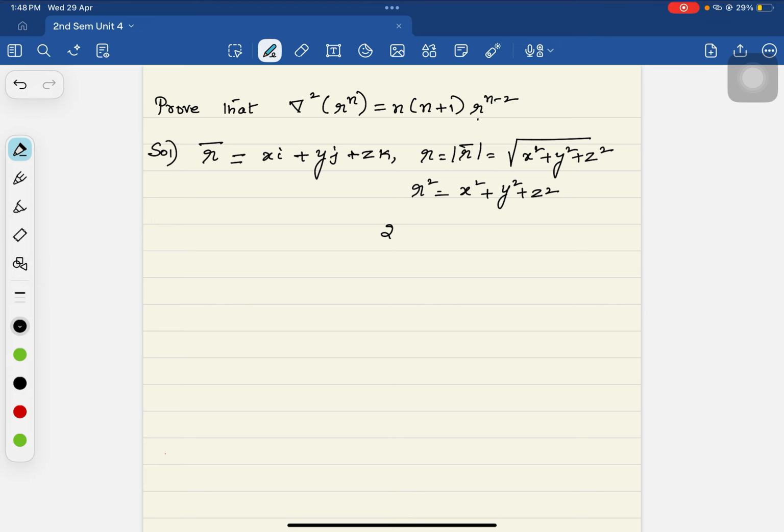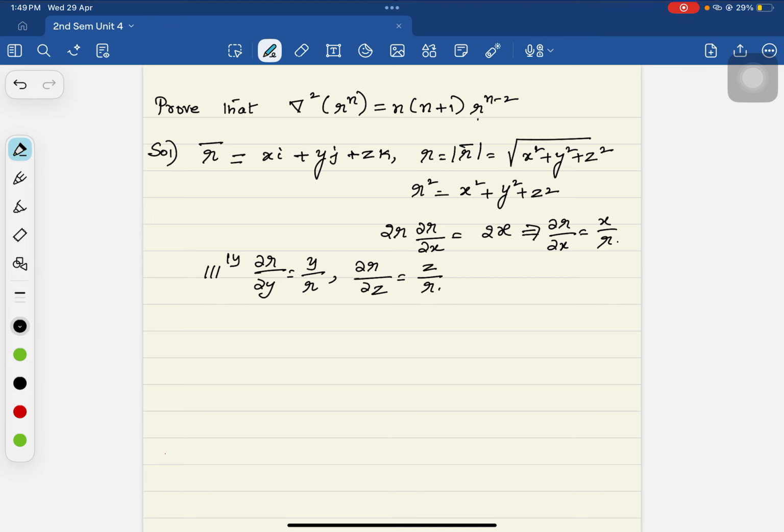When I differentiate this with respect to x, 2r dou r by dou x gives you 2x. So from here you get dou r by dou x as x by r. Similarly, we will get dou r by dou y is y by r and dou r by dou z is z by r. Okay, so this is the fundamental concept of r bar and its magnitude.